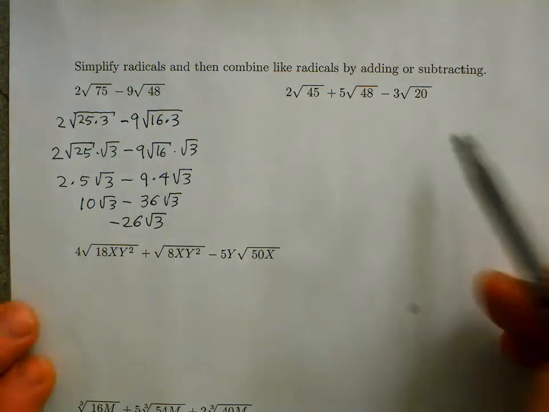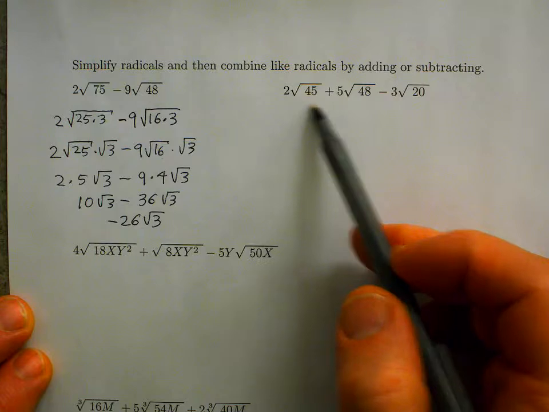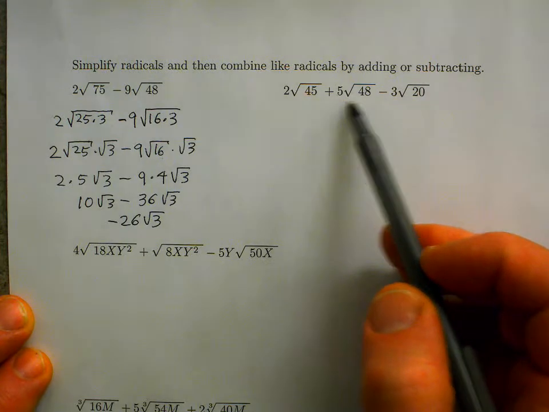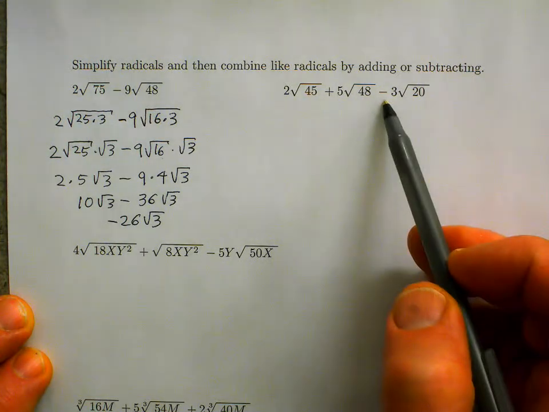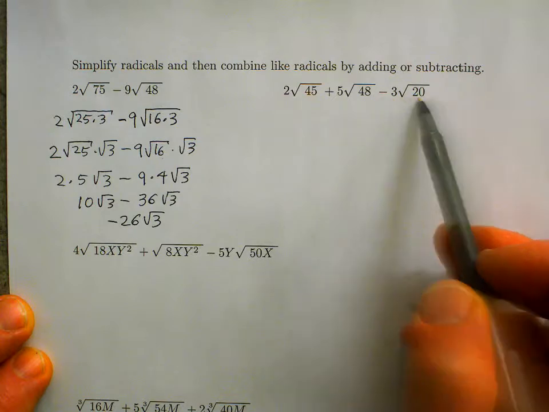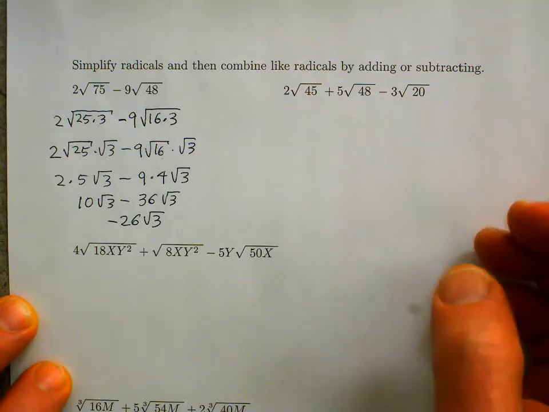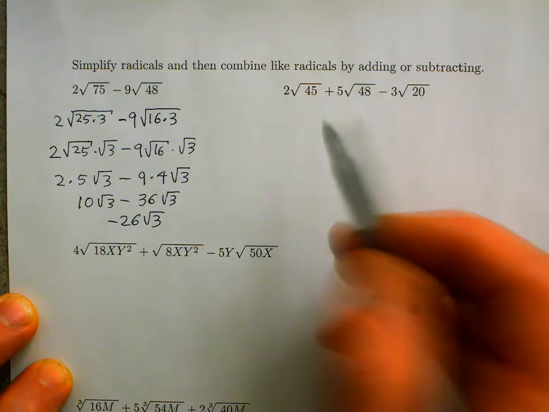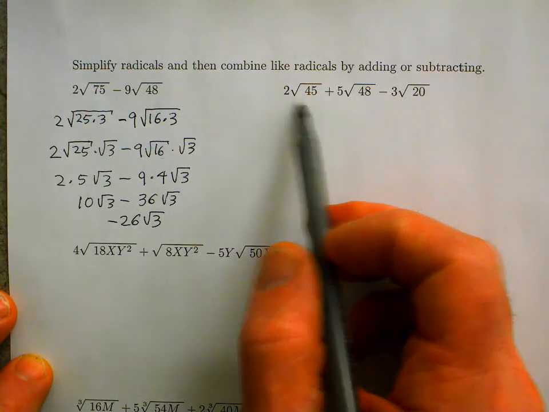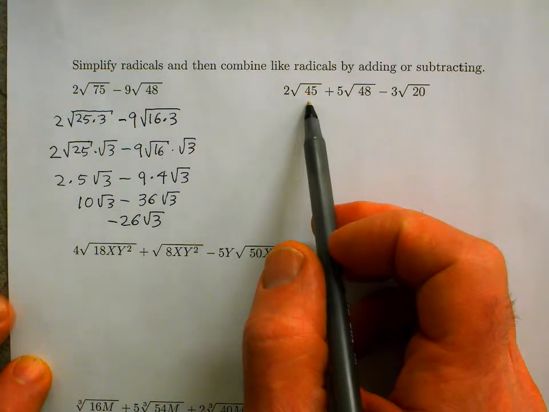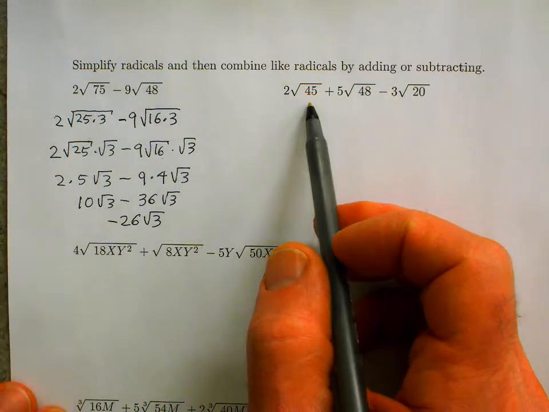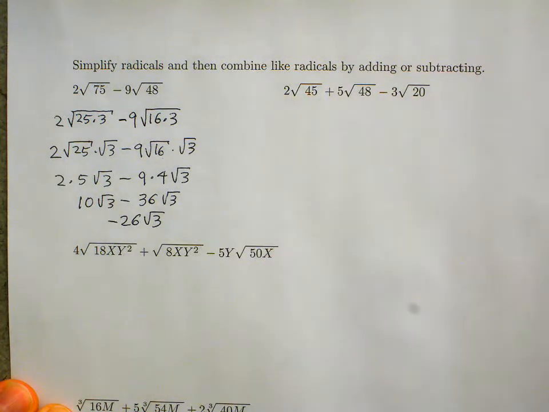Okay, the next one, 2 times the square root of 45 plus 5 times the square root of 48 minus 3 times the square root of 20. All right, the first one, the square root of 45 can be simplified further. So what is the largest factor of 45 that is a perfect square?